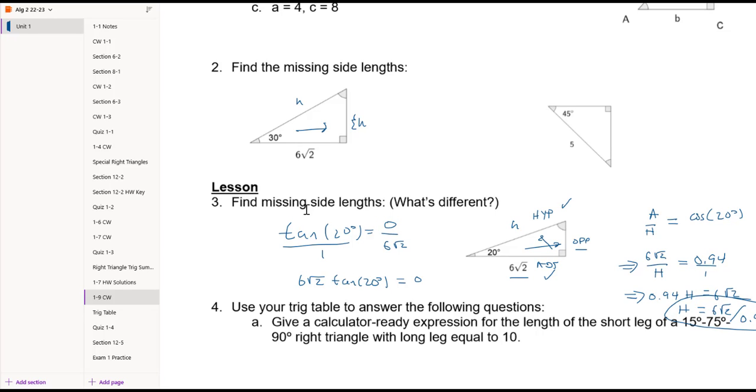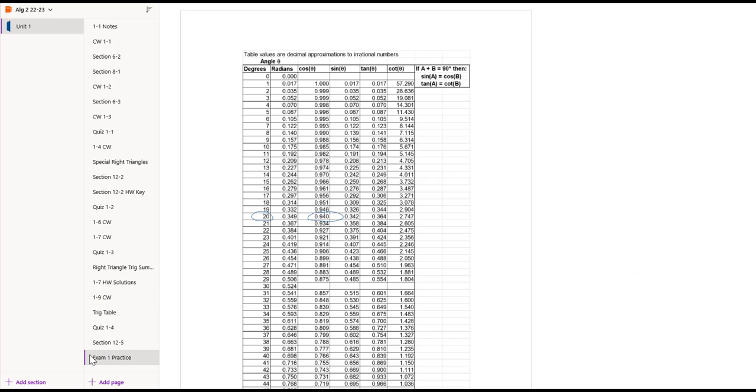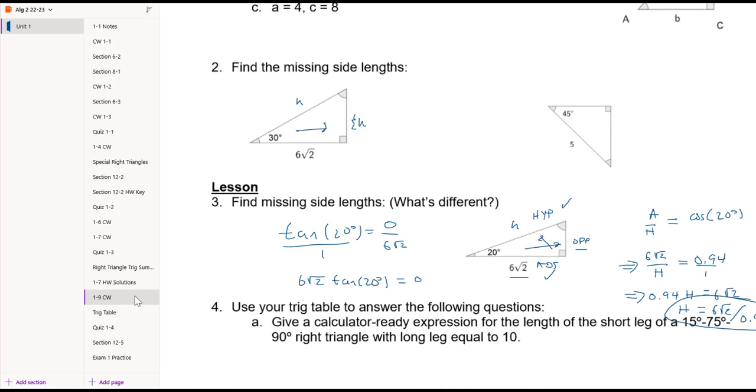And then we're done. We have a calculator-ready expression for the opposite side, but we have to look up the tangent of 20 in the table. There's 20 degrees, and the tangent is over here. It's 36.4% or 0.364, the relationship between the opposite side to 20 and the adjacent side.